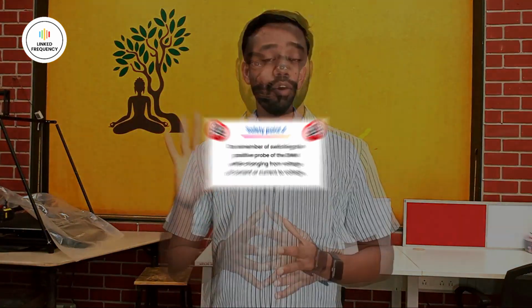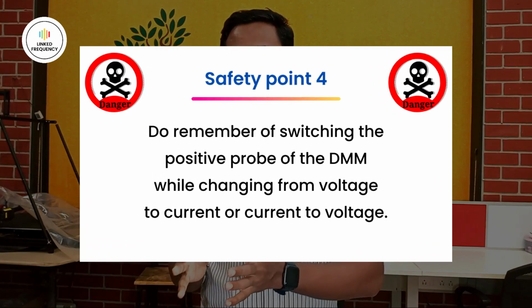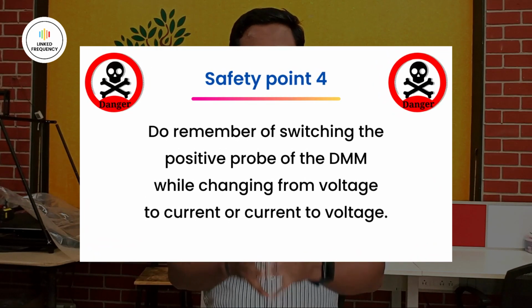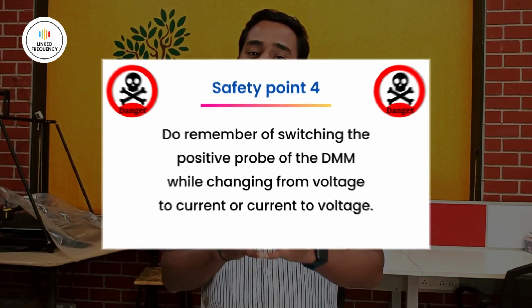Or for that matter, if you are measuring the voltage, do not set the DMM to the current setting. Or when you are measuring the current, do not set the DMM to the voltage setting, which can damage the entire multimeter, or in a worst case scenario, it will even damage the circuit that you are measuring as well. Fourth one, do remember you have to unplug and plug the positive probe of the digital multimeter when you are switching between measuring current and voltage.